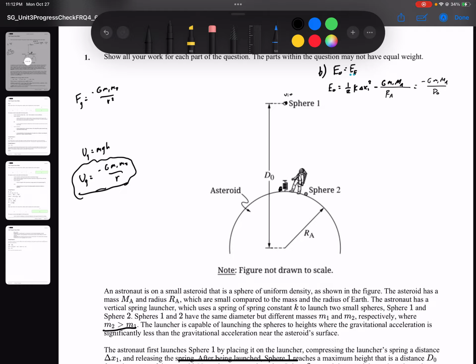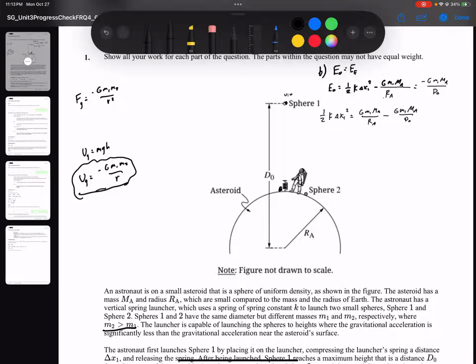And now we have to solve for d naught. The algebra gets a little messy, but I'll set it up. So I have these G M1 Ma terms here and over here. So I'm going to move this over here. I have 1/2 k delta x1 squared is equal to G M1 Ma over r sub a minus G M1 Ma over d naught.